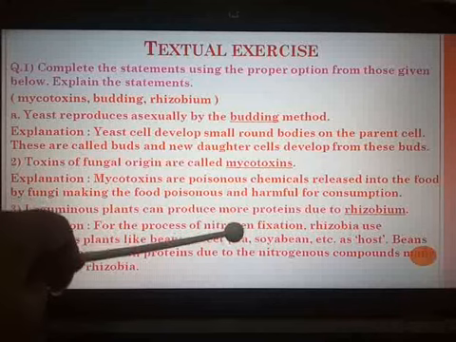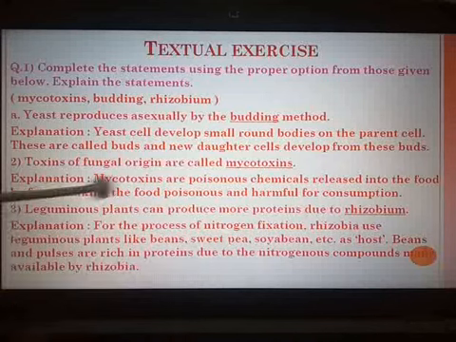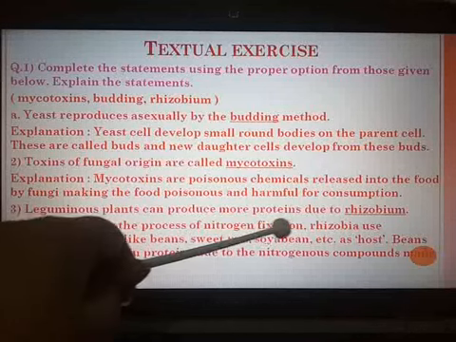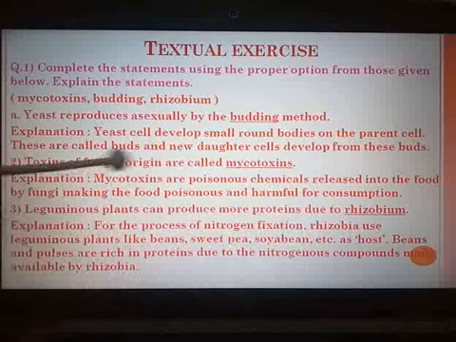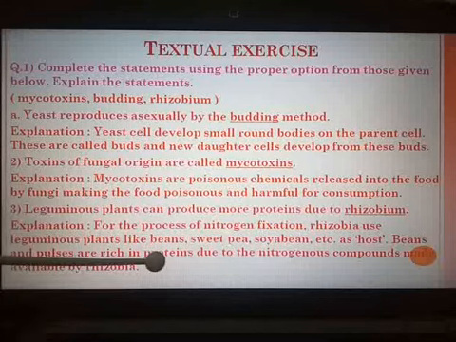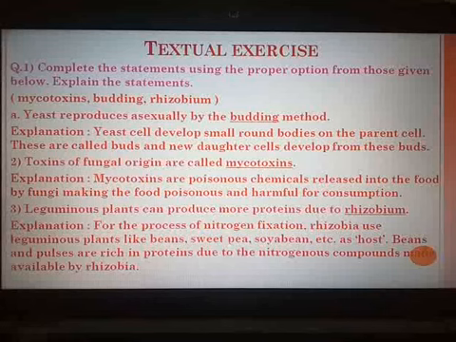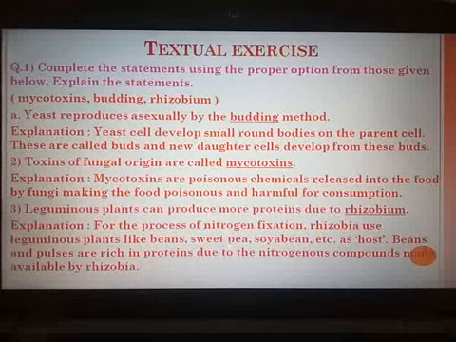For the process of nitrogen fixation, rhizobia use leguminous plants like beans, sweet pea, soya bean, etc. as the host. Beans and pulses are rich in proteins due to the nitrogenous compounds made available by rhizobia. Explanation you will get in the textbook on page number 89, last paragraph of the page.